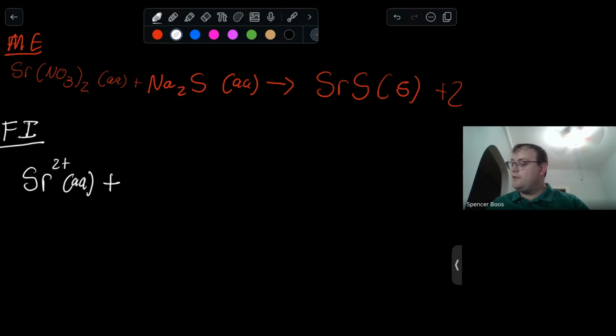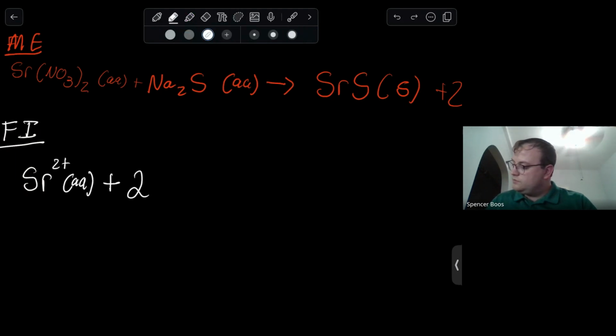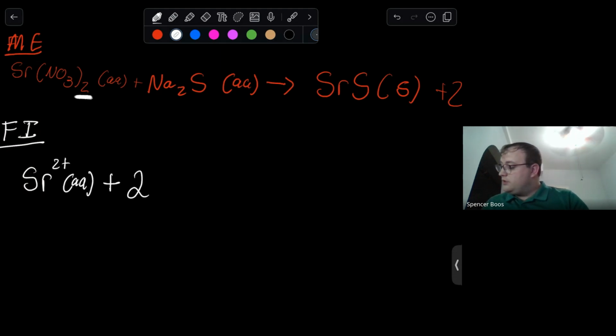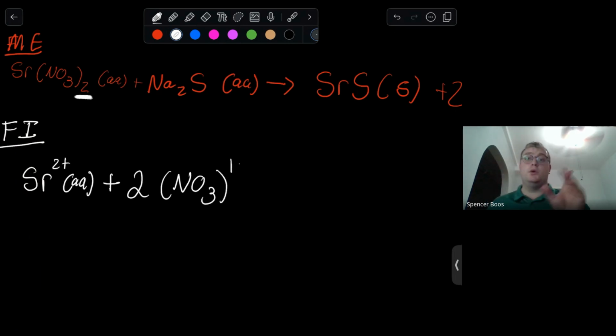And the question here is, how many nitrates do I have? Here we have 2 nitrates, and I get that from here. 2 NO3, 1 minus.